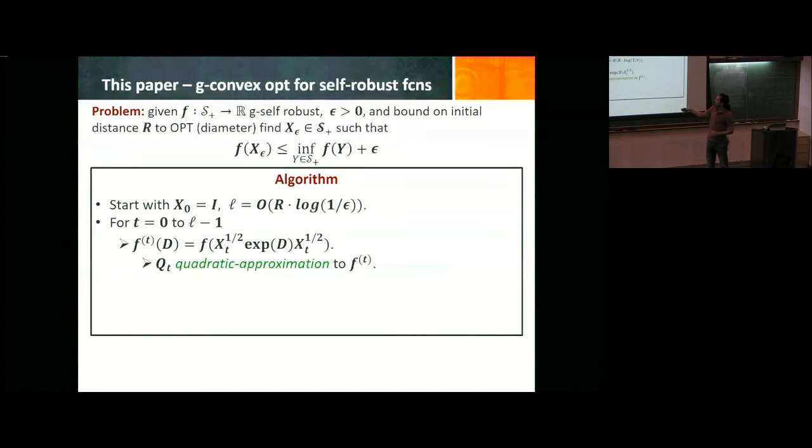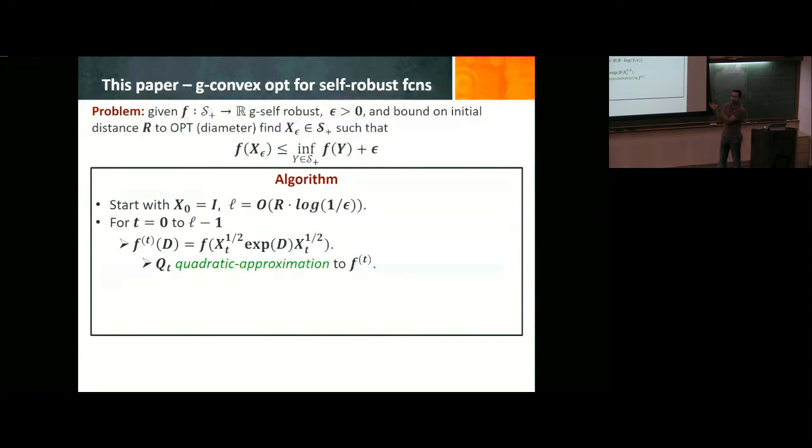So what I do here is, we have this function at the tth level, which is the function at my scaling at time t, and now I'm going to try to find the scaling for time t plus 1, right? Now what I do is, I have my log of capacity. I take my quadratic approximation to the log of capacity.